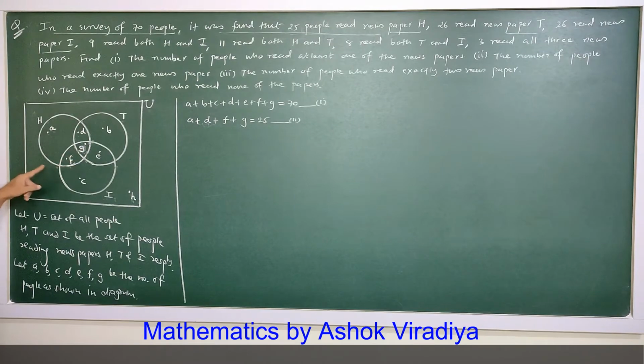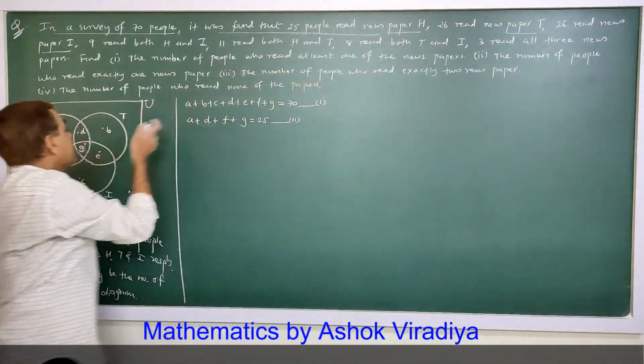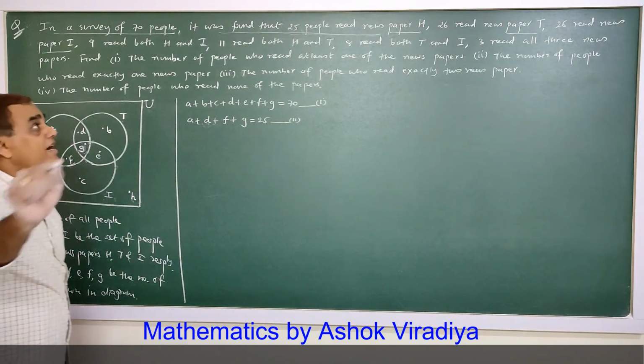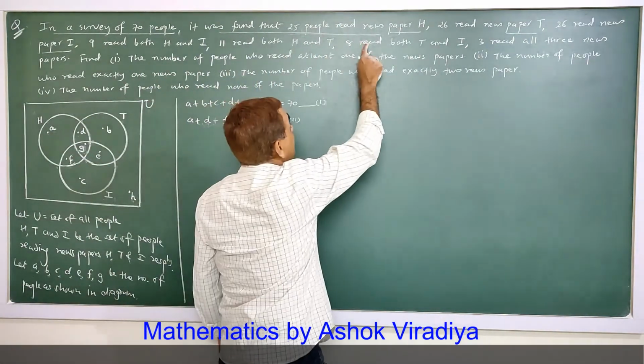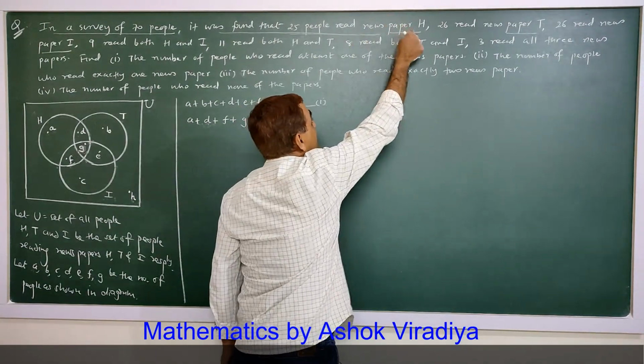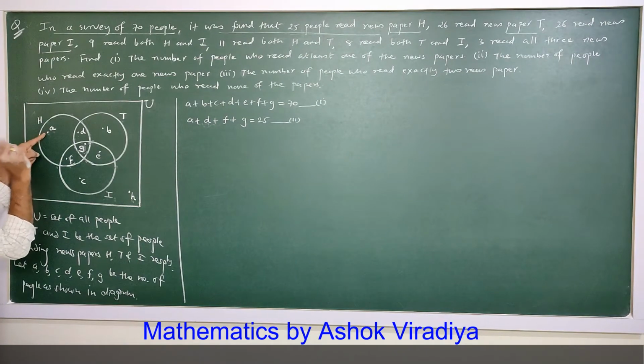But they all are reading H. So when it is given that 25 read newspaper H, take the sum of all numbers. But if you are given that 25 people read only H, then it will be the value of A only, and you have to take A equal to 25.